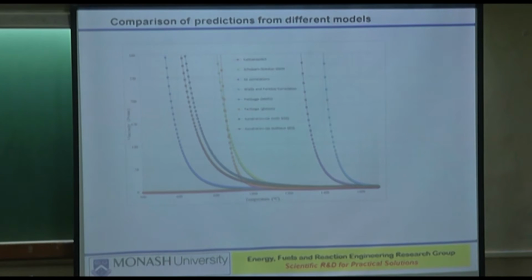So, if I look in here, where is 250 poise? For these two apparently matches my ash fusion temperature predictions.